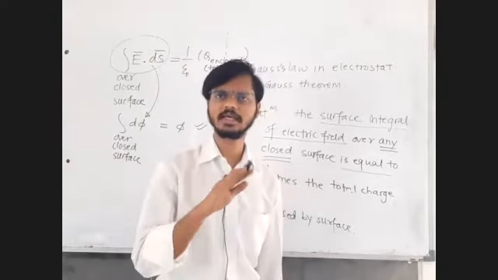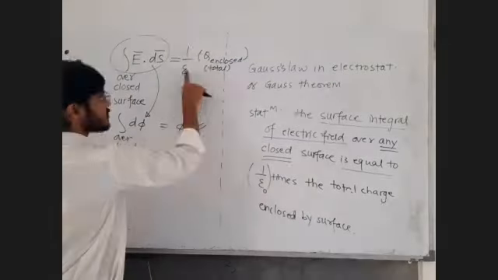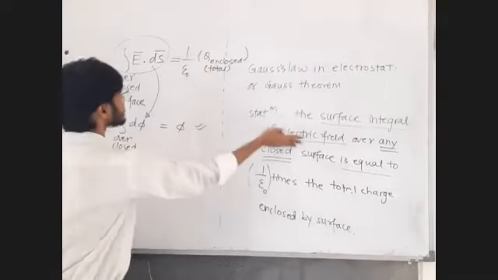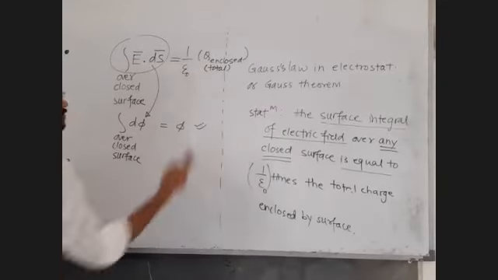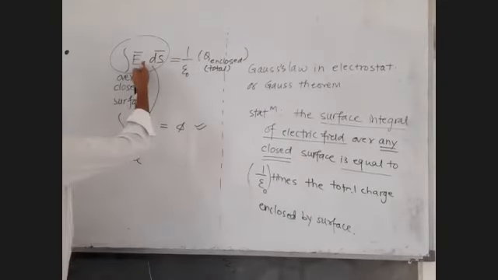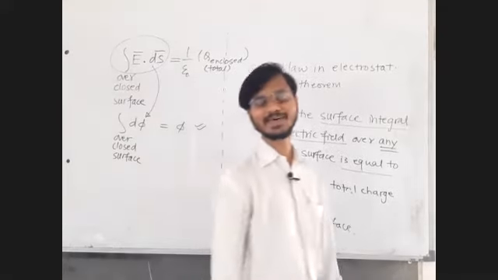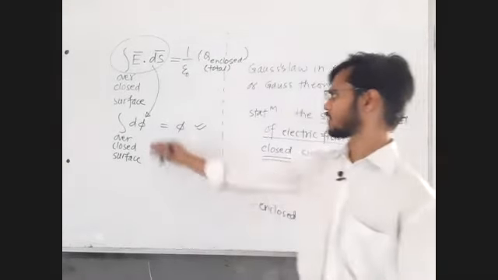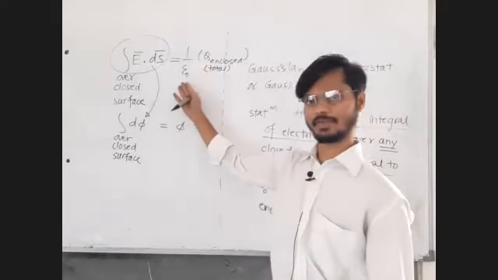We are saying electric flux. Electric flux equal to charge enclosed upon epsilon 0, and they are saying surface integral of electric field is equal to charge enclosed upon epsilon 0. But surface integral of electric field means electric flux. Got it?